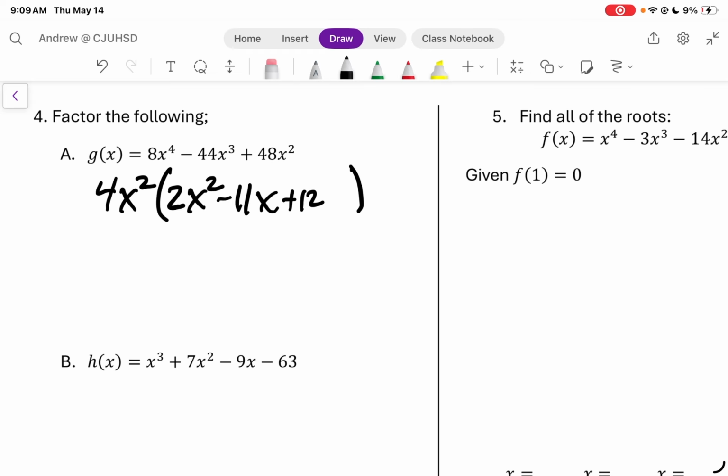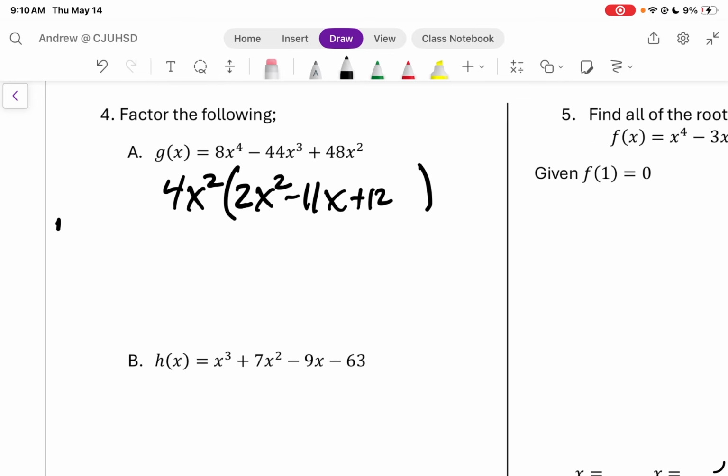Is it even factorable? Well, there's a quick way to check. If you do b squared minus 4ac, where a is the 2, b is the negative 11, and c is the 12. So negative 11 squared minus 4 times 2 times 12.